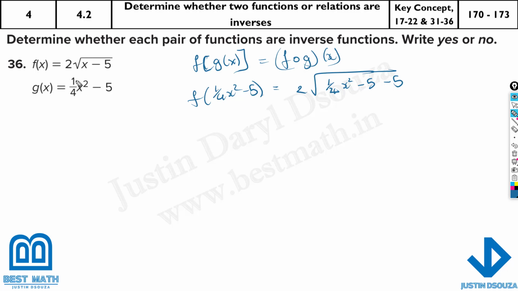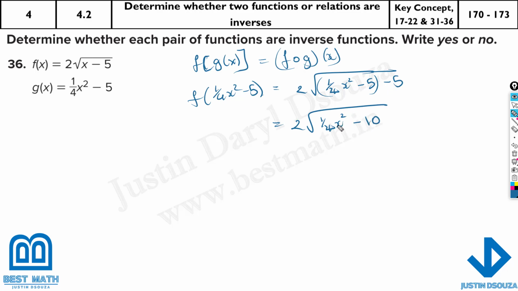Look here, this entire thing goes over here instead of x. Now this entire thing is x squared, but then there's minus 5 already. So 2 square root, what happens here? 1/4, let it be x squared. Now this is minus 5 minus 5. It's going to be minus 10.